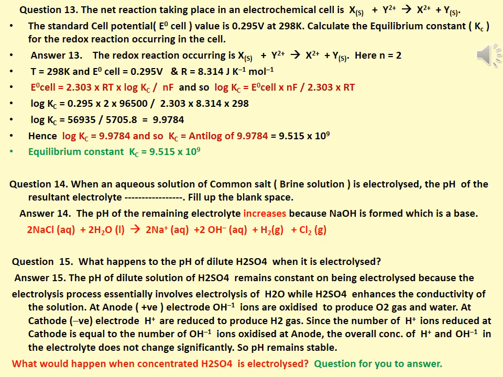Since the number of H plus ions reduced at cathode is equal to the number of hydroxide ions oxidized at anode, the overall concentration of H plus and OH minus in the electrolyte does not change significantly. Therefore, pH remains stable or constant.